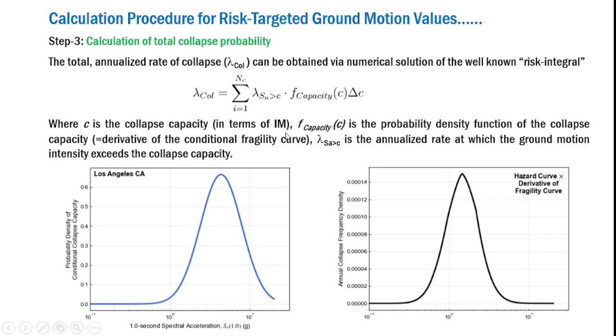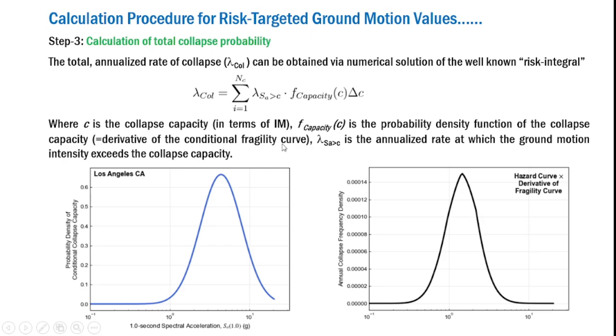So this is expressed in terms of IM, and here F capacity C is the probability density function associated with the collapse capacity. It is nothing but the derivative of the conditional fragility curve.